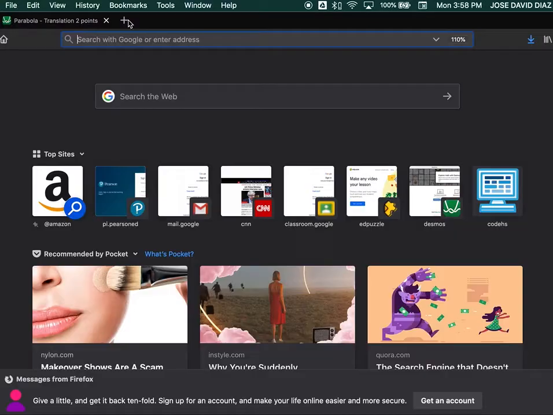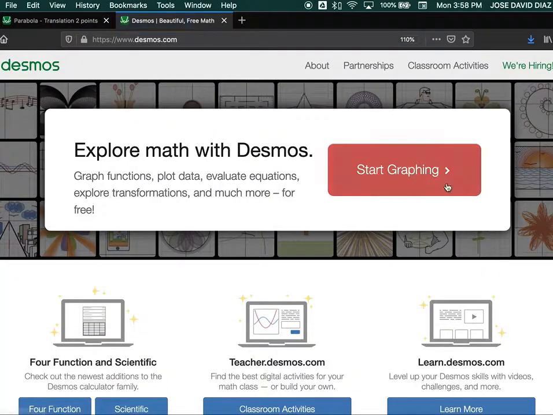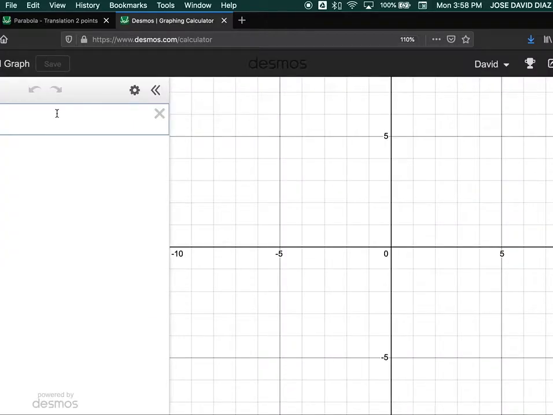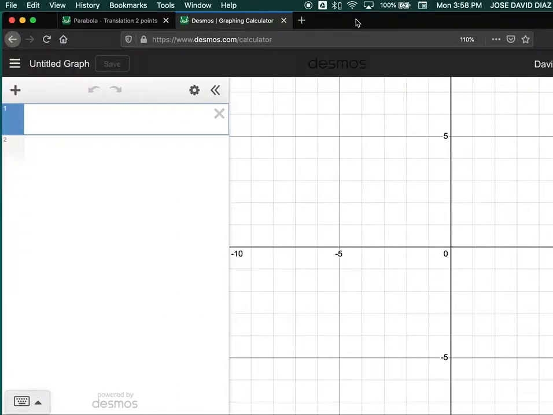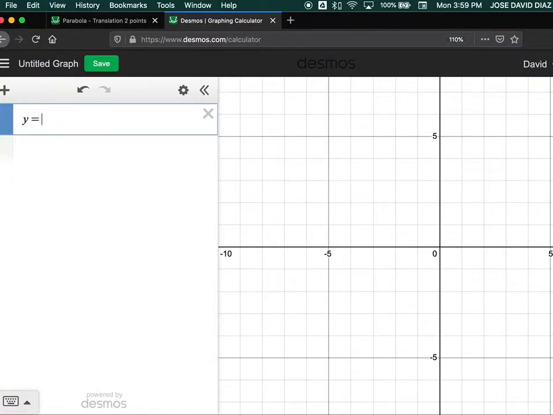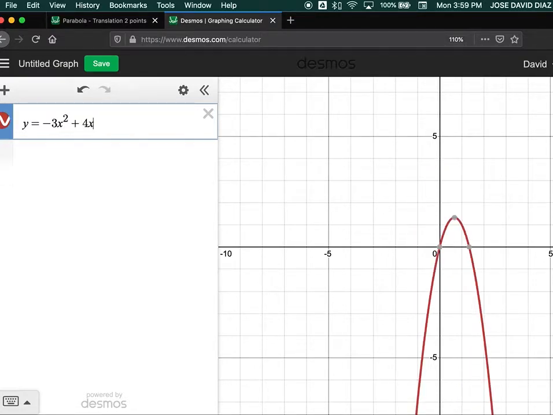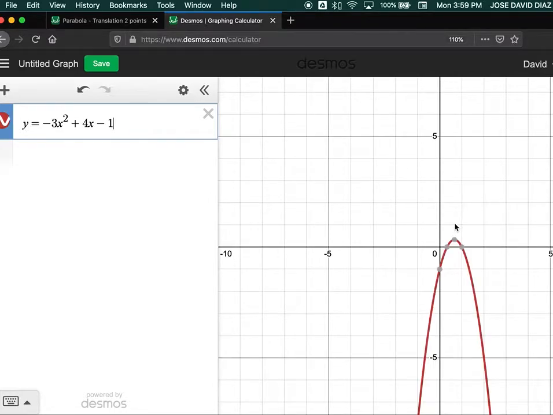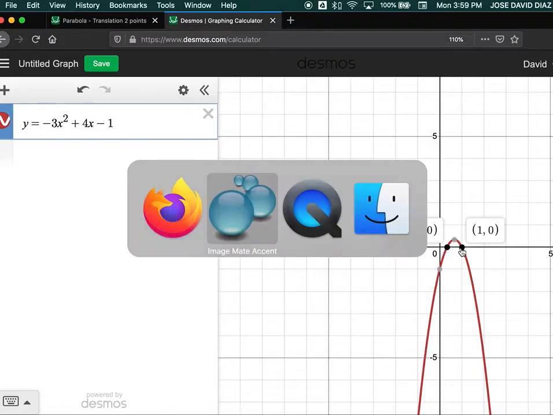Let me go into a new graph, and I'm going to type in the equation y equals negative 3x to the power of 2 plus 4x minus 1. That means that's going to have 2 real solutions. Remember that it's facing down. That is because that is a negative 3.